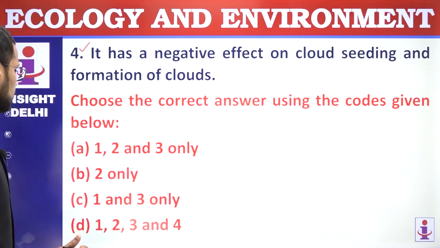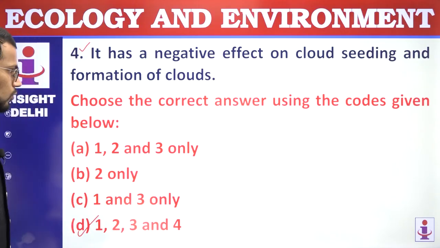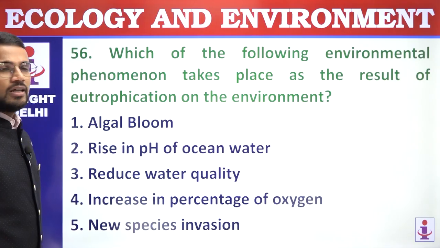So all these four are impacts of acidification, and that's why the answer is D, 1, 2, 3 and 4. 56. Which of the following environmental phenomena takes place as the result of eutrophication on the environment?